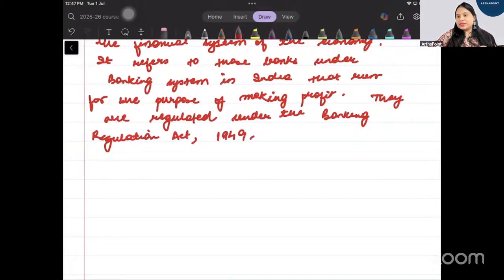So this is the definition of a commercial bank. Anything which runs for commercial purposes, that means anything that runs for making profit, is called a commercial bank, right?